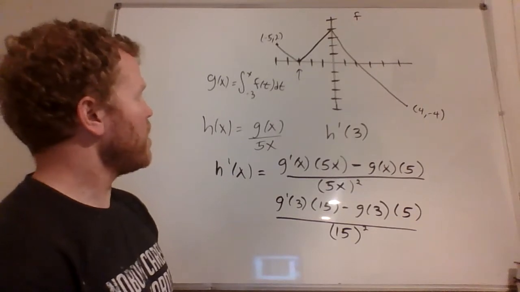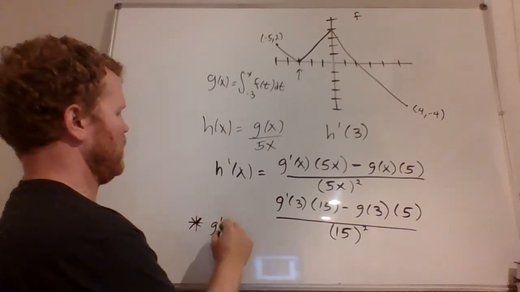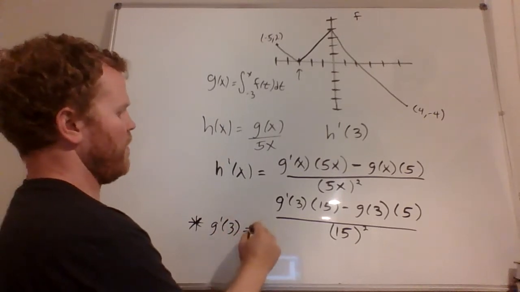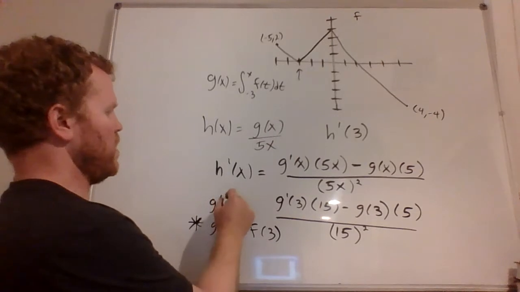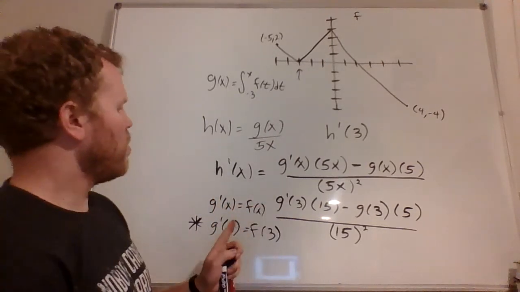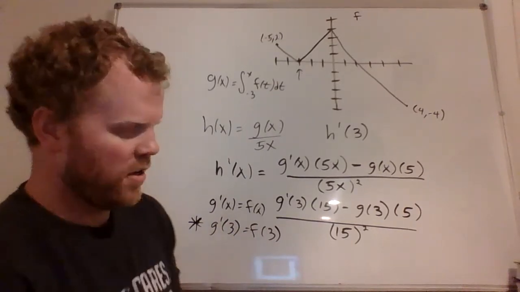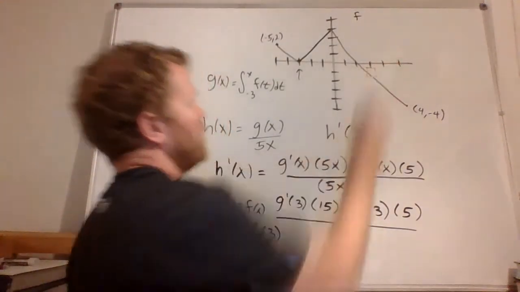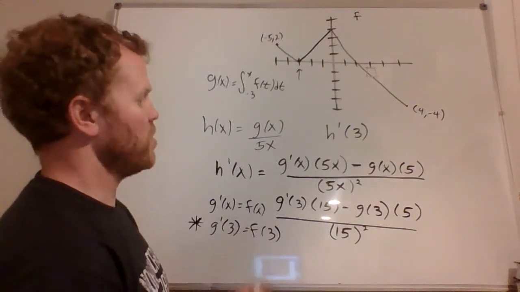So g prime of 3 should be f of 3, based on our previously used fundamental theorem of calculus that g prime of x is f of x. So we just need to find f of 3. So f of 3 looks like it's right here, and it looks like f of 3, aka g prime of 3, is just -1.